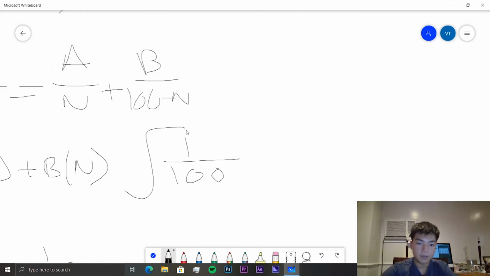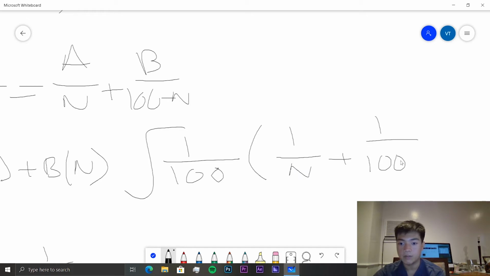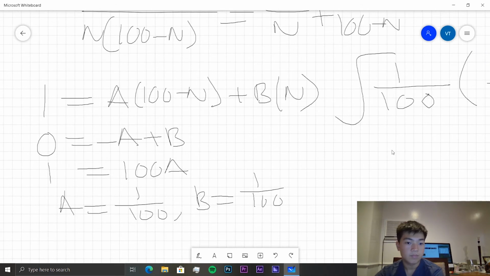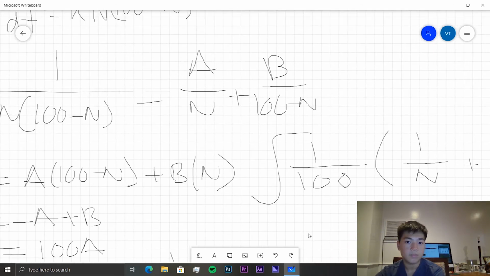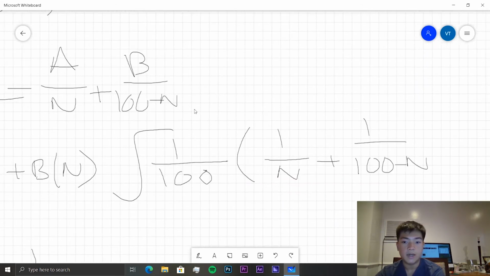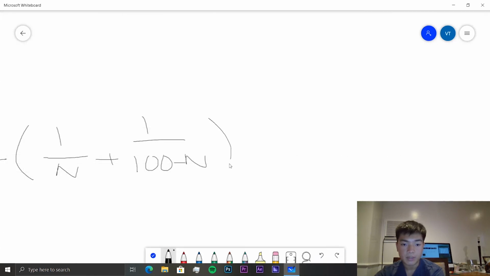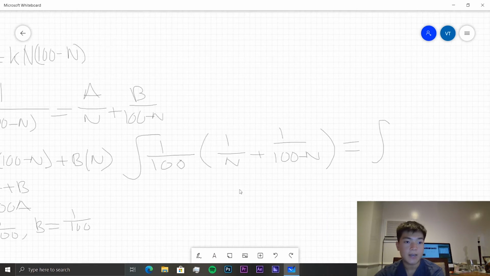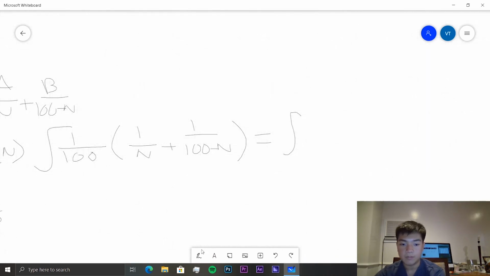So this will be equal to the integral of 1 over 100 times 1 over n plus 1 over 100 minus n dn, and this is equal to the integral of k dt.